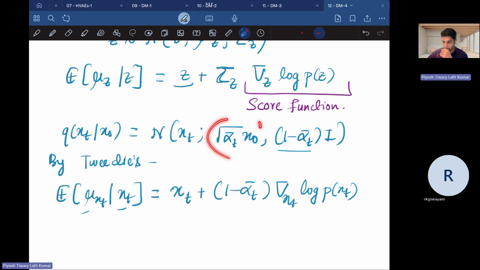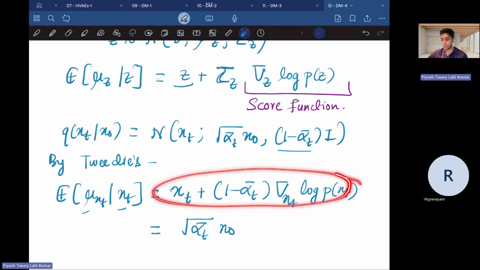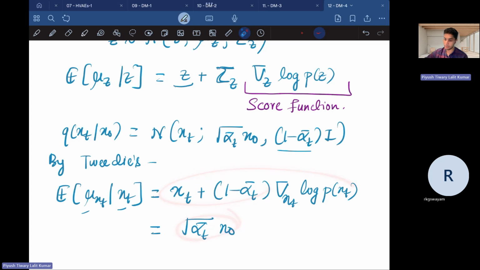We know the true mean of the distribution, which is square root of alpha t bar x naught. Because we know the distribution, but by Tweedie's formula, we know another way to write the mean. So we can just compare these two things directly, right?